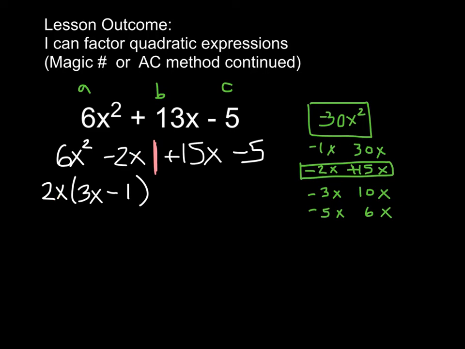Now we're going to do the same thing on the right-hand side of that pink line. Over here, 15, the factors of 15 are 1 and 15. Now if you wanted to jot these down somewhere, you could. 1 and 15, and 3 and 5. And the factors of 5 are 1 and 5. The greatest common factor then is 5. Remember that this plus sign should go straight down in here, and if it's a negative, it should be a negative right there. And we're going to factor out a 5. 15 divided by 5 is 3.